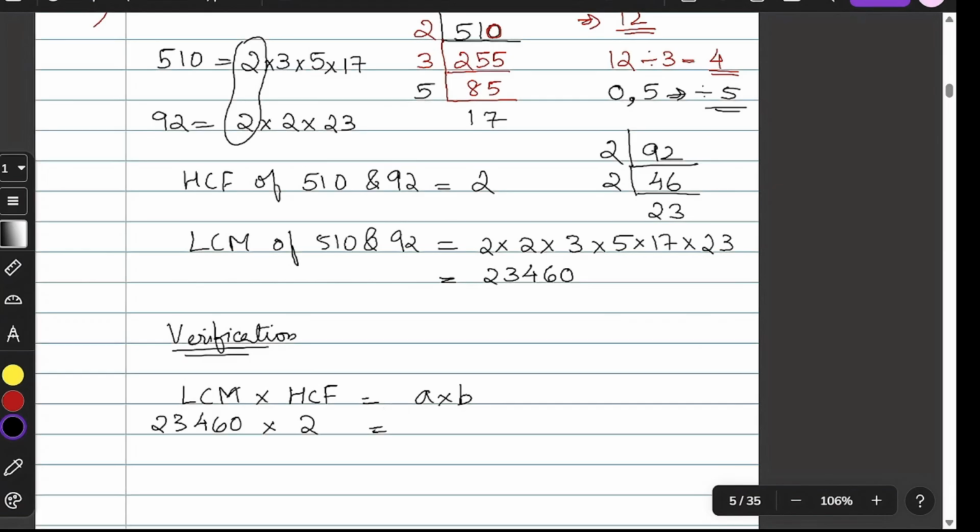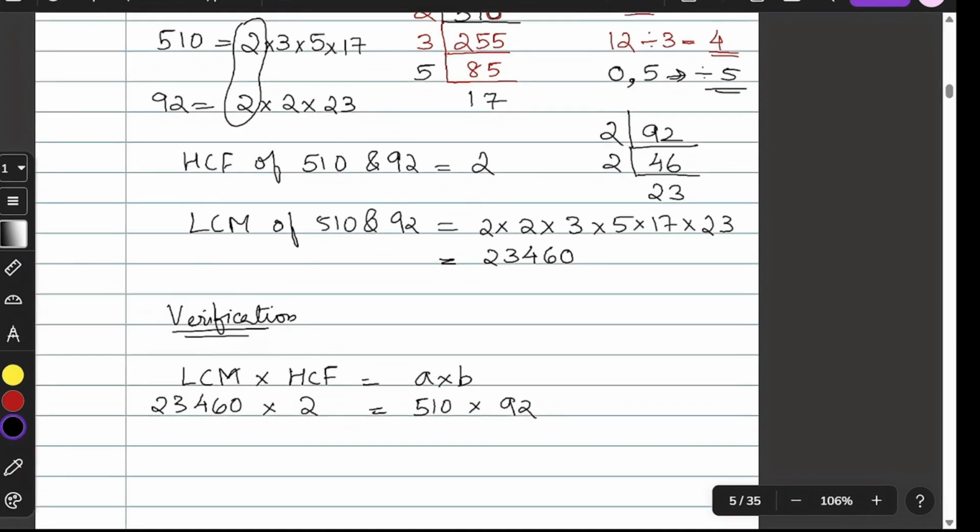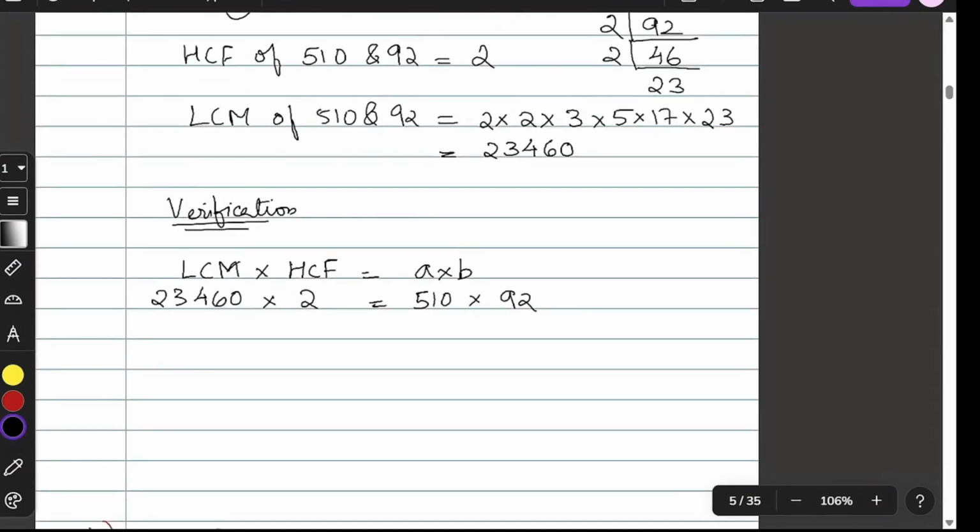And what are my numbers? 510 into 92. So what is 510 into 92? It is 46,920.